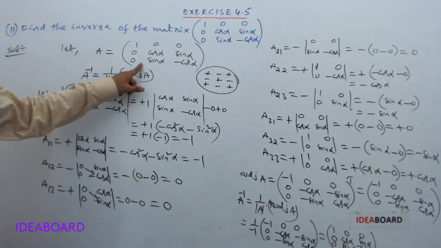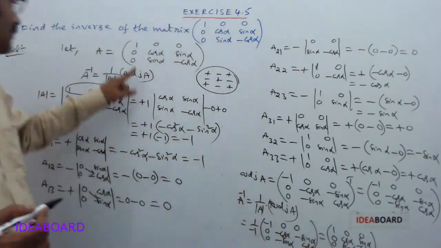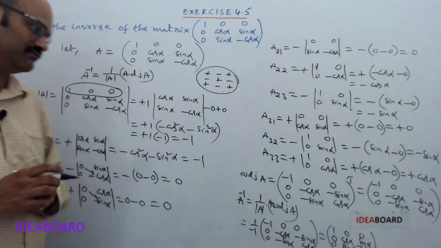So here A inverse equal to, in this we are getting the given matrix A only.